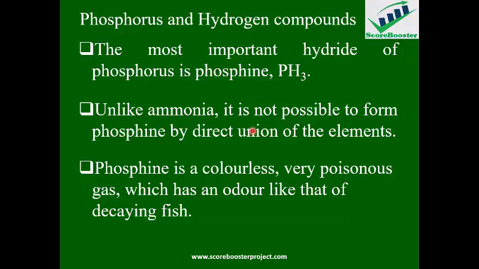If you look at it, phosphine and ammonia structurally look like each other, except that in place of nitrogen, here we now have phosphorus. That doesn't mean that everything that happens with ammonia must happen with phosphine.